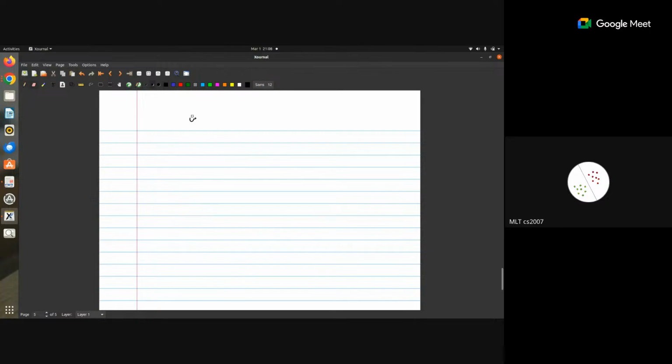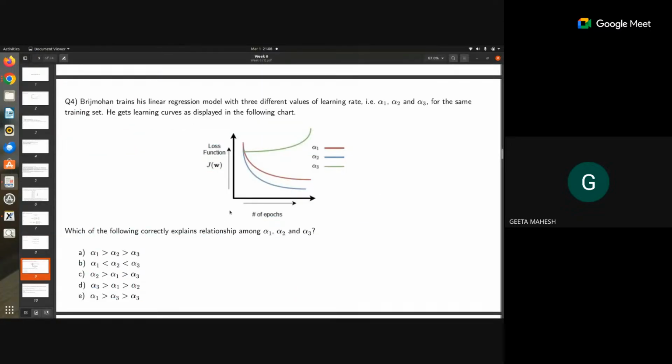Learning is basically how you are heading towards your minimum. So alpha 3 will be small. I mean, the maximum learning will be small. Alpha 2 will be the maximum learning.